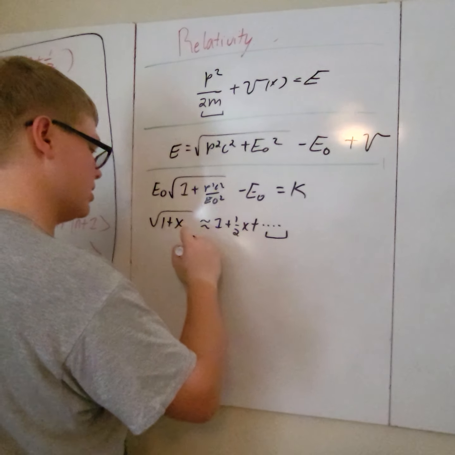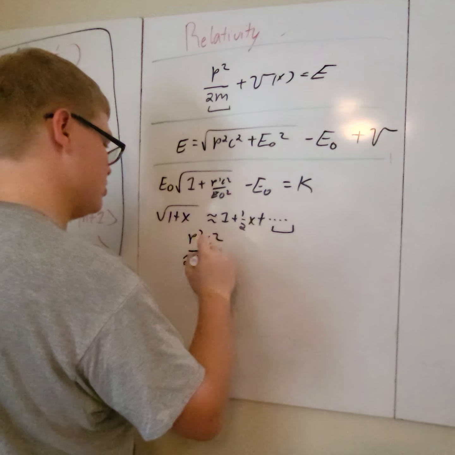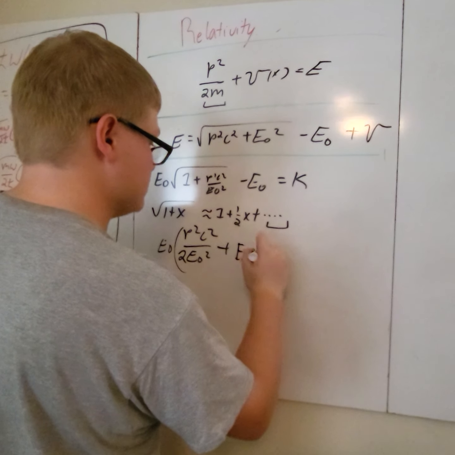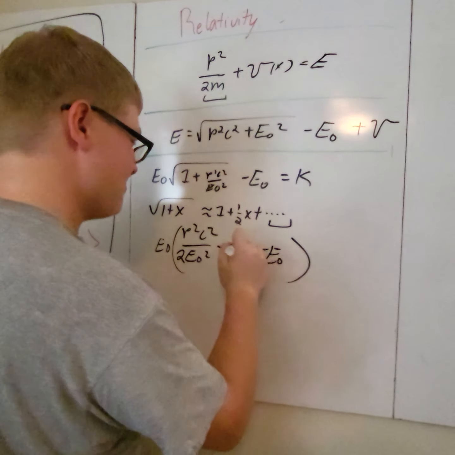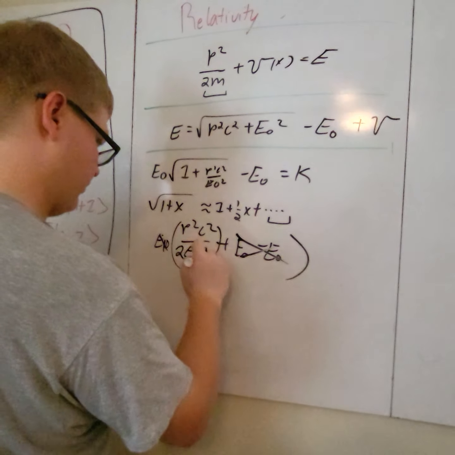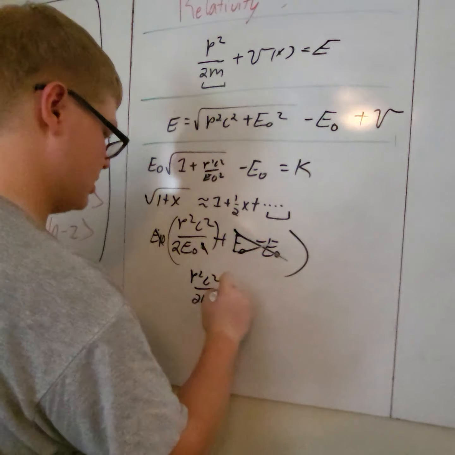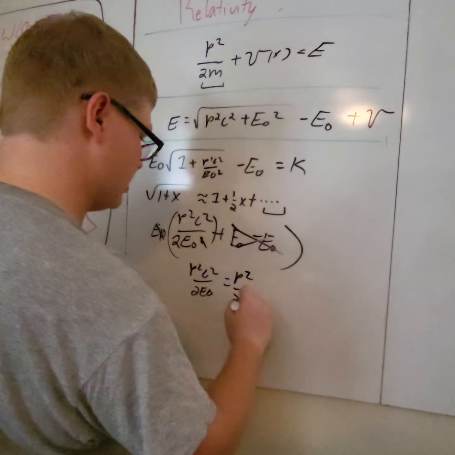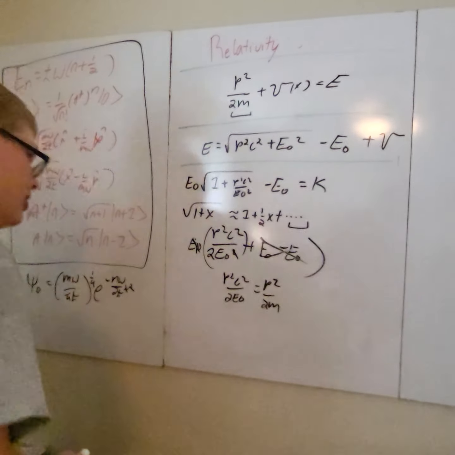So x is p squared c squared over E sub 0 squared, the 1 cancels out, and our kinetic energy is p squared c squared over 2E sub 0, where E sub 0 equals mc squared, so the c squareds cancel out, and we get p squared over 2m. So our kinetic energy approximately is p squared over 2m.